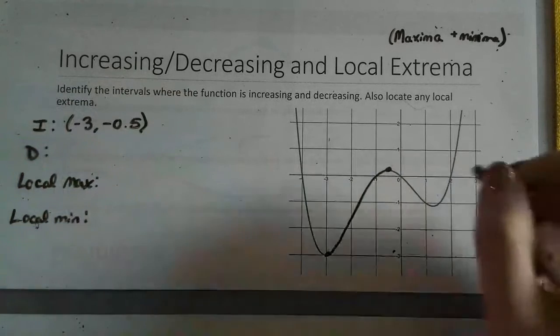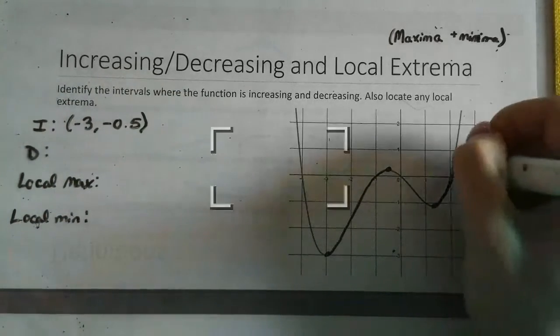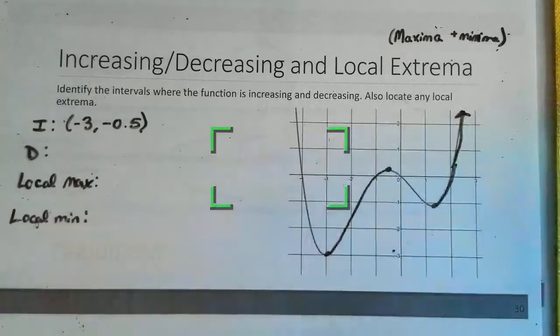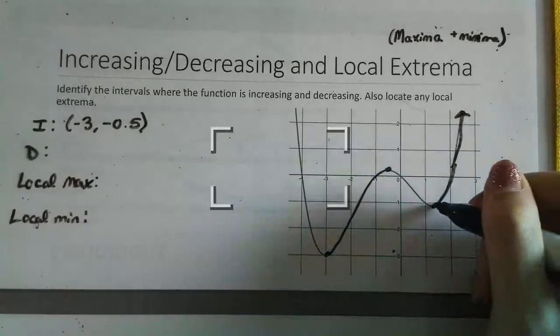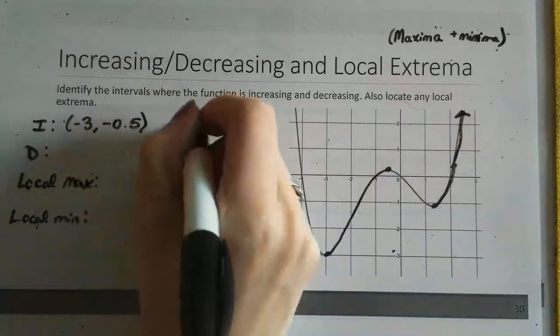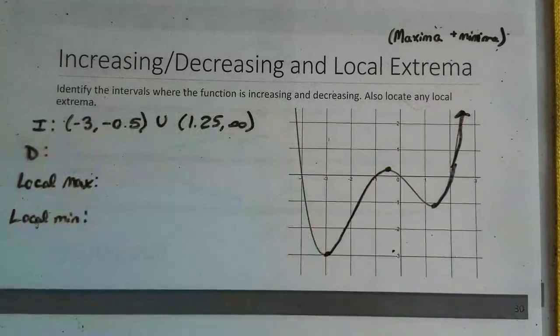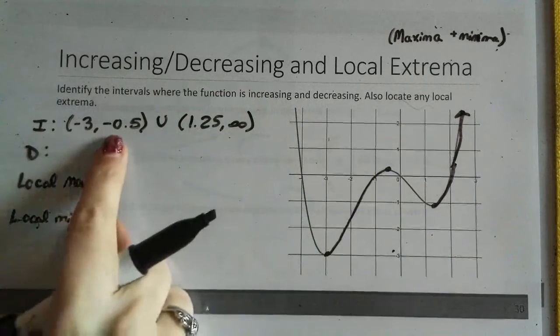But we're also increasing again, starting about here, and if we pretend there are arrows on the end of this, then we are increasing from about 1.25 to infinity.